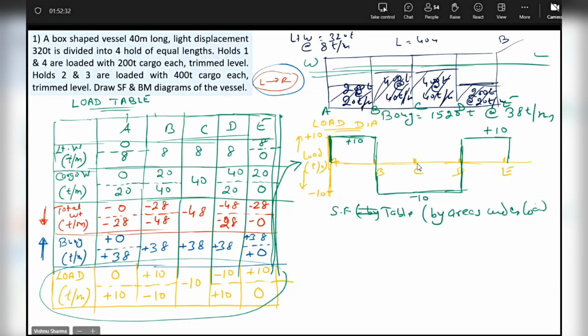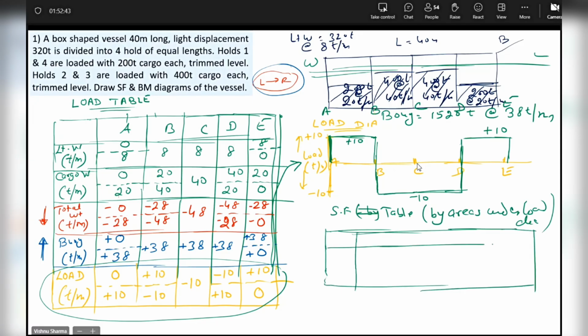There is no extra point where it is cutting the x-axis, so I will basically be taking 5 points only: 1, 2, 3, 4, 5.